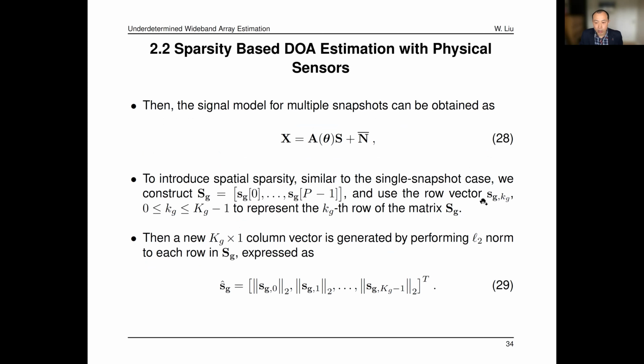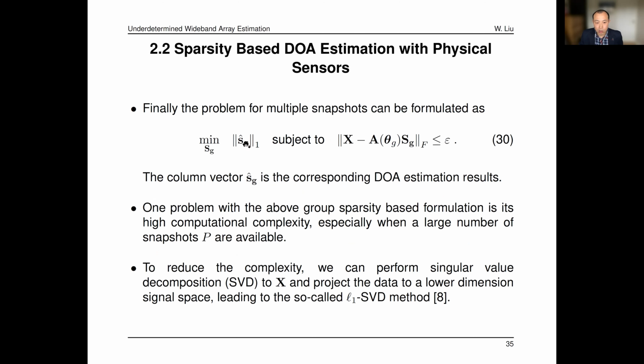You calculate the L2 norm of each row vector, and put the L2 norms into a new vector, this s hat G. Then you can minimize the L1 norm of this new vector.